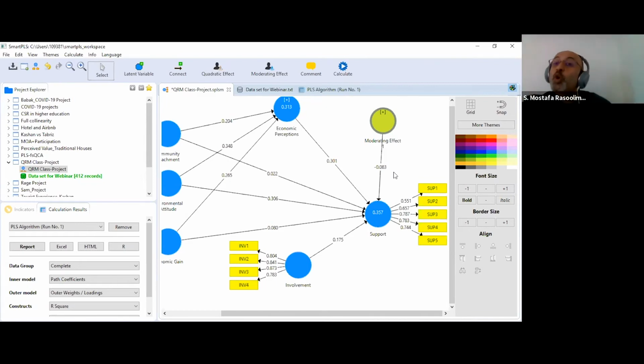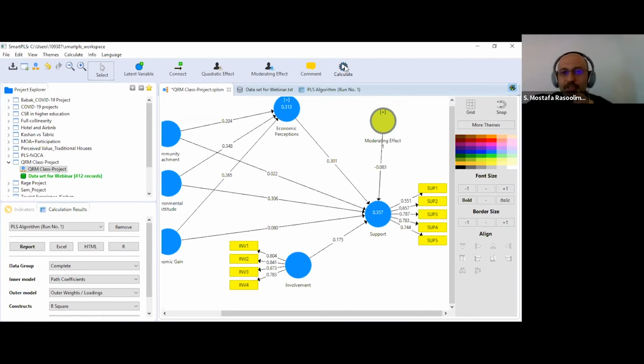So it should be positive and significant. But here it is negative. This is the first sign that we cannot support the hypothesis, because our hypothesis was positive, stronger for a high level. But the results show this is weaker. The effect of economic perception on support is weaker for a high level of involvement.